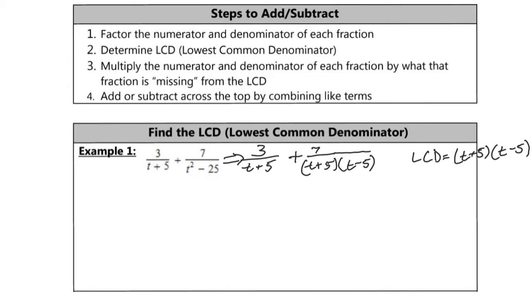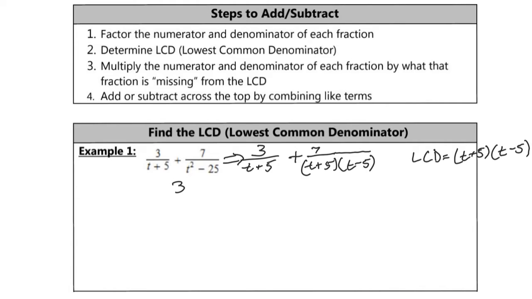We go to the third step. Multiply the numerator and denominator of each fraction by what the fraction is missing from the LCD. The second fraction has the LCD, so we don't have to multiply anything into it. The first one, right, we see is missing t minus 5.